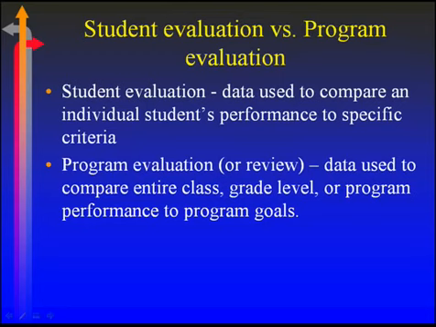We can use the term either way, but typically it's going to be the program goal that you have written in your curriculum. How are the students as a whole meeting those program goals? Student level is individual students, whereas program level compares the entire class, grade level, or whole program to your program goals.